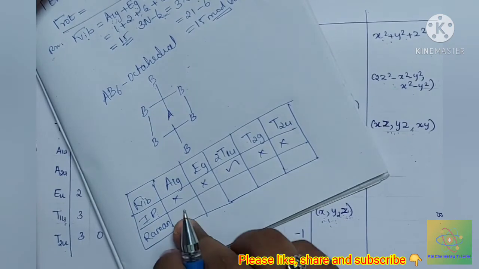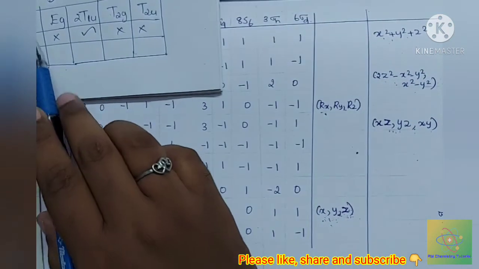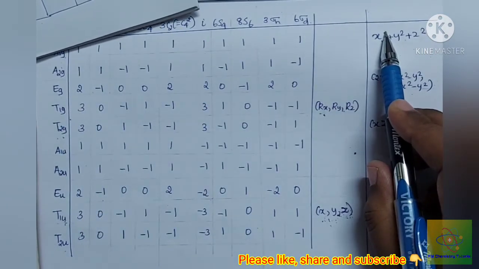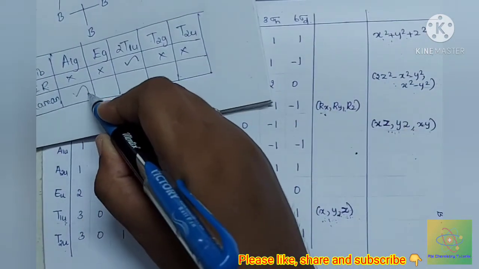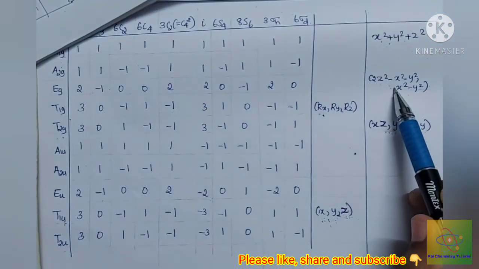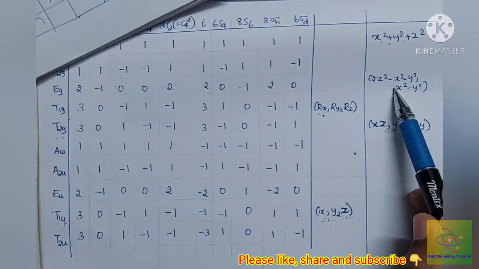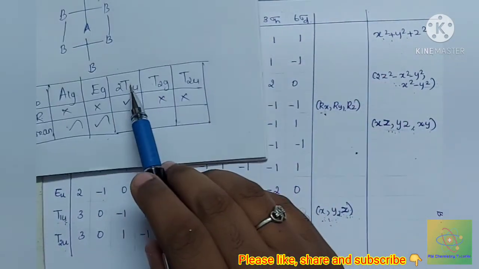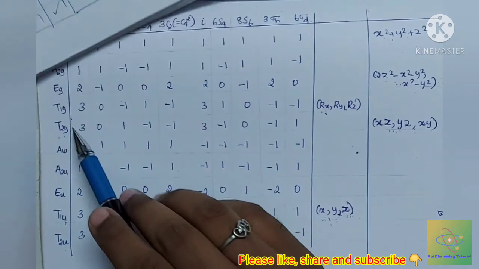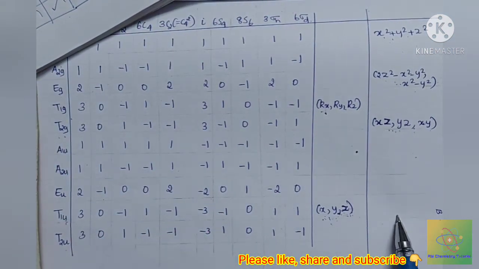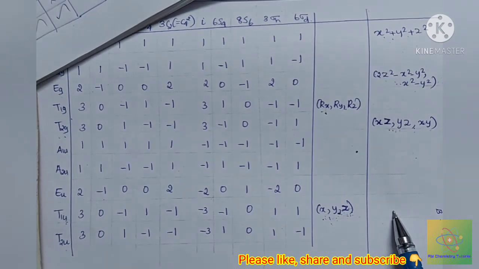And for Raman activity, we should check. Let us check for A1G. We have linear combination. So A1G is Raman active. For EG, we have linear combination. So EG is Raman active. Next for T1U. In T1U, we don't have any linear combination. So it is Raman inactive.